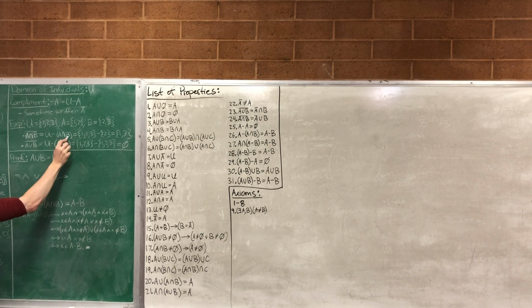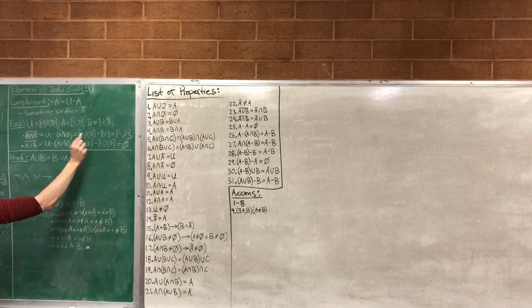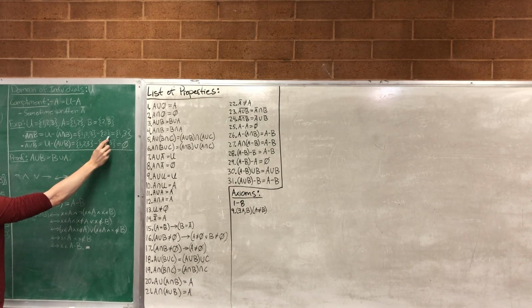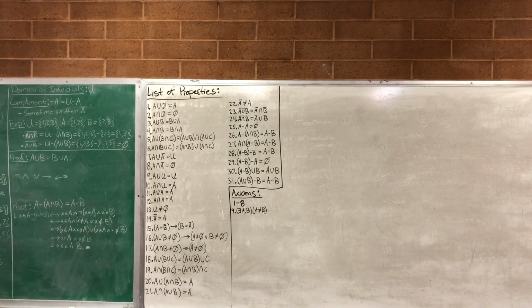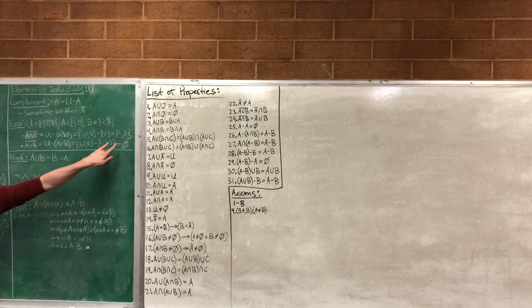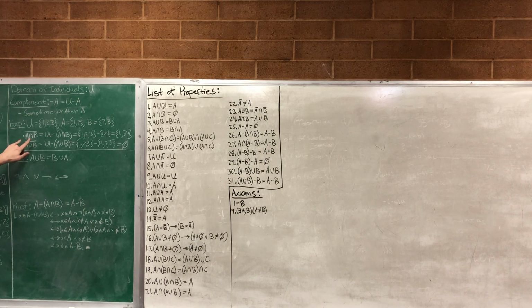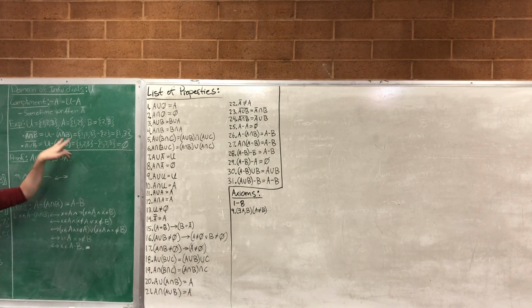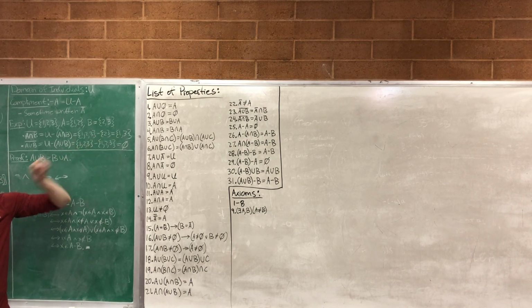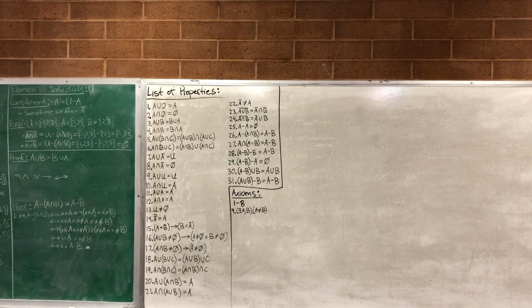What's A intersect B? Just 2. So 1, 2, 3 minus 2 is 1, 3. So 1, 3 is the set of all objects that weren't in A intersect B. The complement of A intersect B is 1, 3. Make sense?